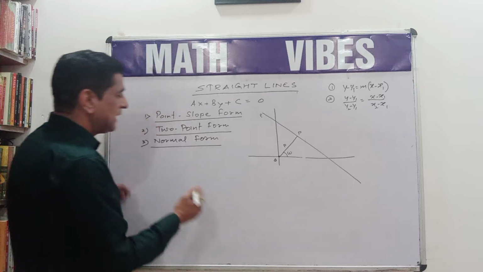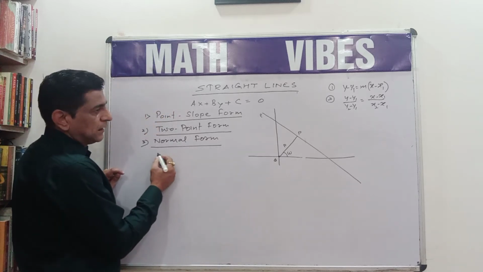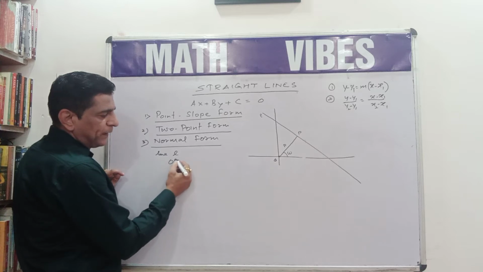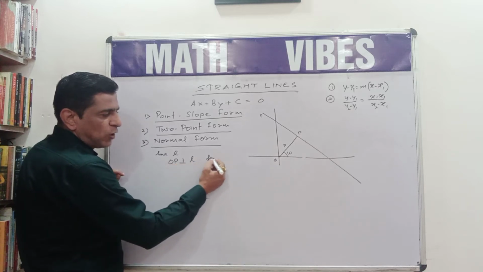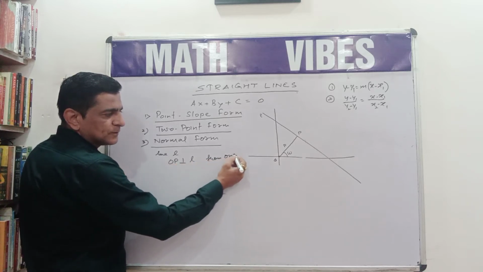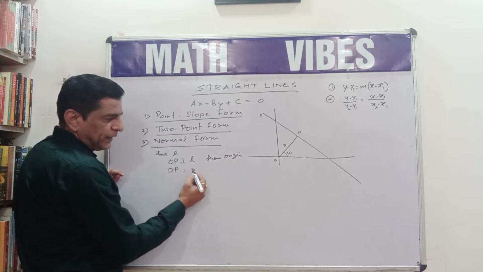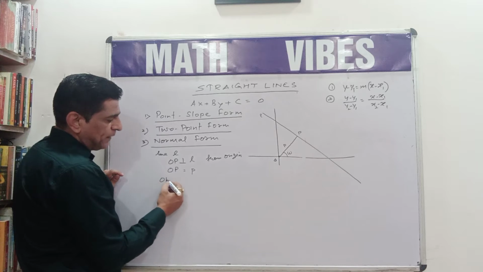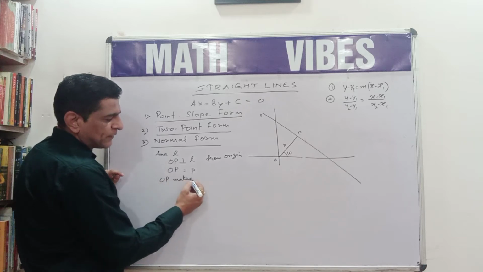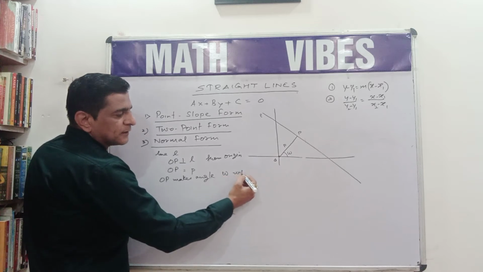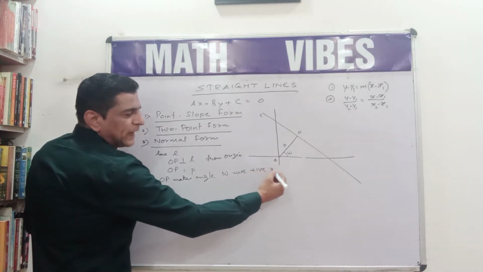So the inputs are line L, OP is perpendicular to L from the origin, the length of OP is p, and OP makes angle omega with the positive x-axis.